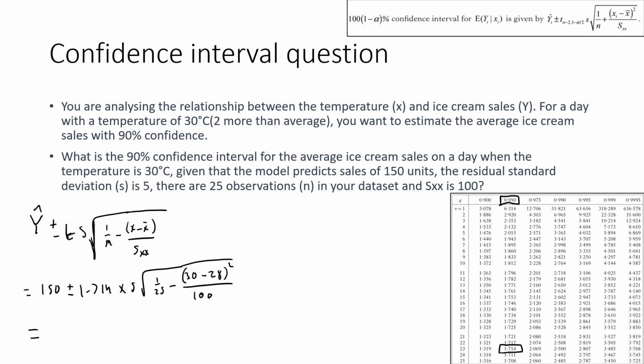And then we just put that in our calculator, and we get 81.76 as our top limit and 68.24 as our lower limit. And this is a confidence interval question because it asks for the average ice cream sales and not a one-off day.